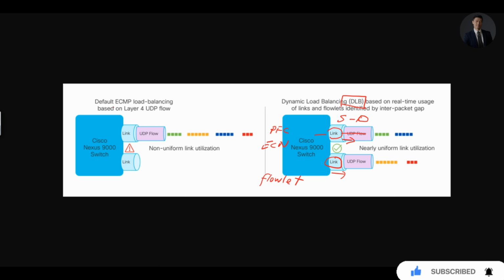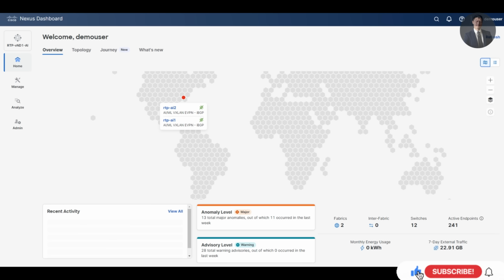So let us review an actual dynamic load balancing configuration on one of the leaf switches. The DLB is enabled on my leaf 3 switch on the uplink interfaces connected to the spines.